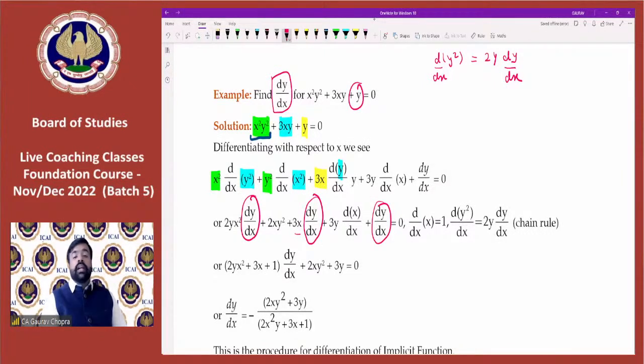So we can take dy by dx as common in these three values. And what is left? Otherwise, 2xy square and then 3y. This is left. We can send them to the other side. It becomes negative, 2xy square plus 3y.